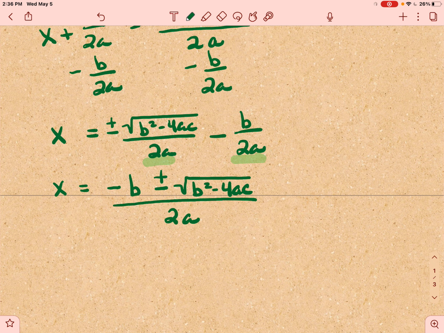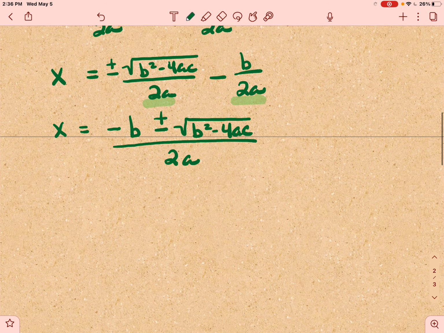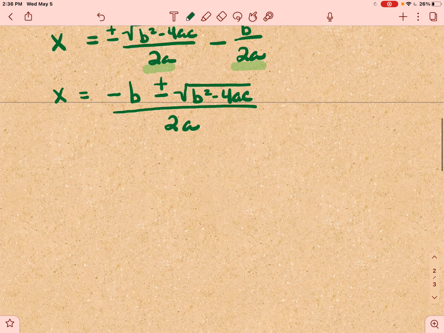And I put that negative b first, so the plus or minus could kind of be in the middle, and also because that is the quadratic formula. x equals negative b plus or minus the square root of b squared minus 4ac all over 2a. We have written the quadratic formula ourselves.